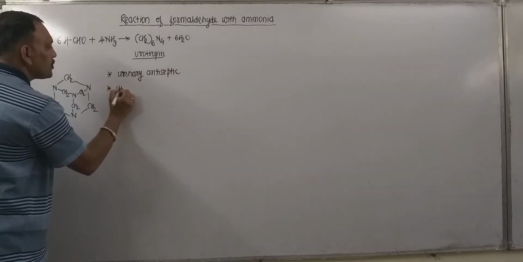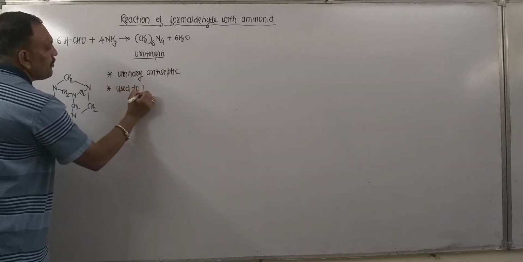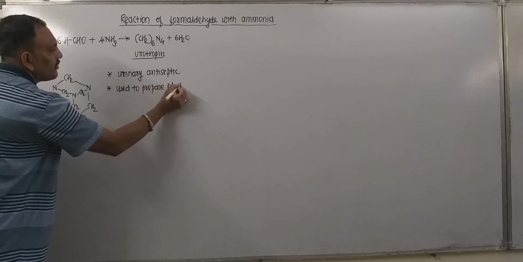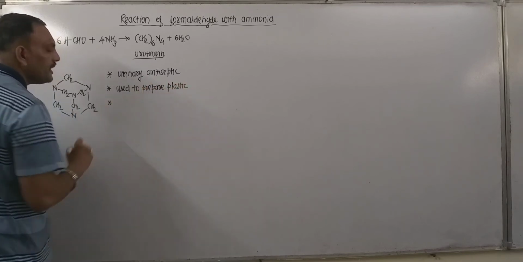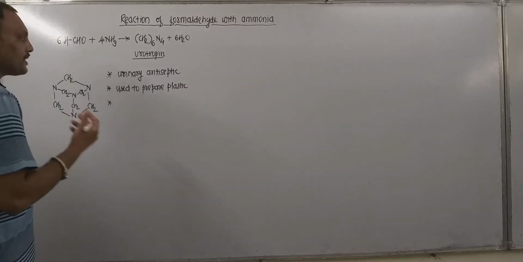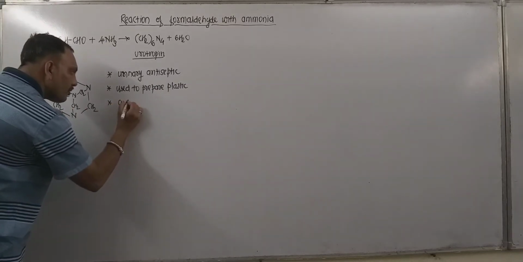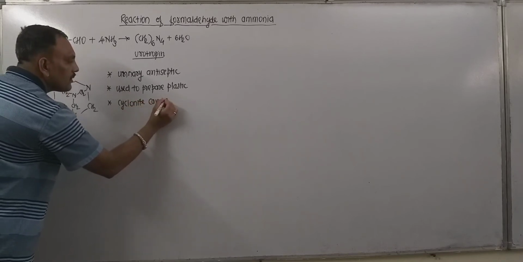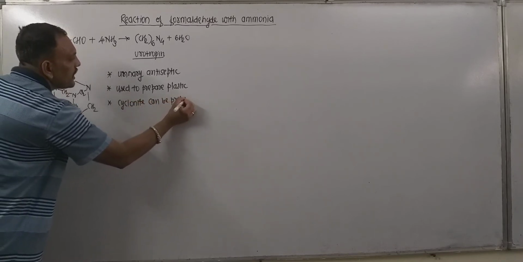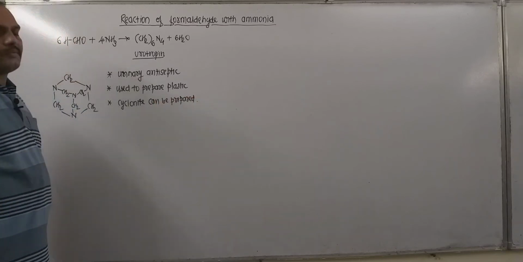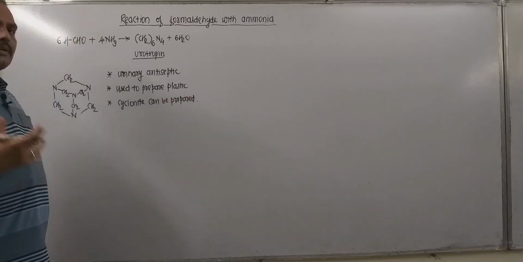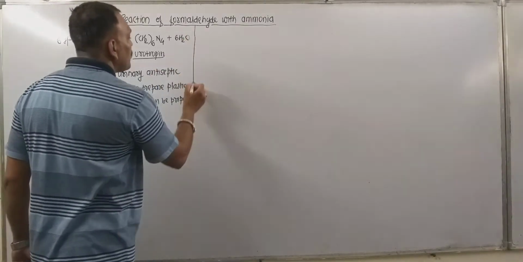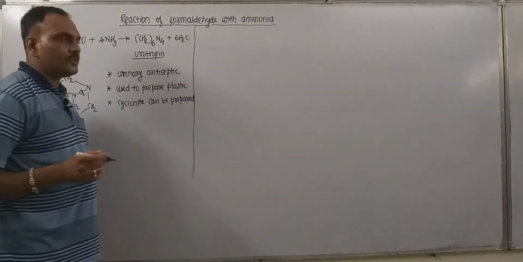Secondly, it is used to prepare plastic, and upon nitration, an explosive material known as cyclonite can also be prepared using urotropin. Now it clearly suggests that urotropin has vital importance.